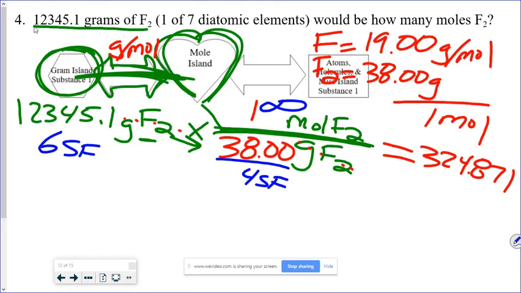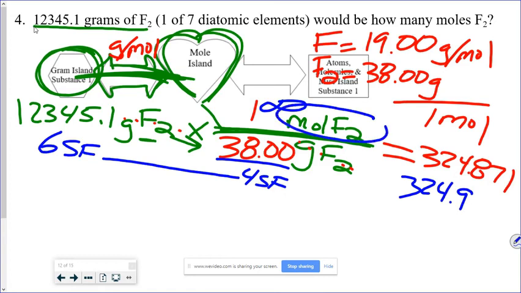So if I follow the rule for multiplication, my answer could only have 4 significant digits in it. So my answer would be 324.9. My label that I'm left with at the end is moles of F2, and that is my answer.